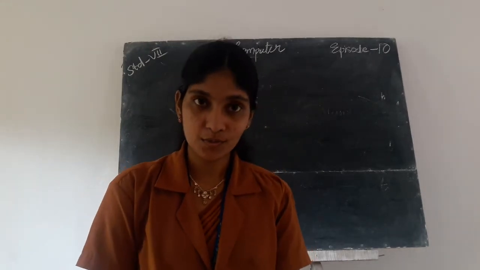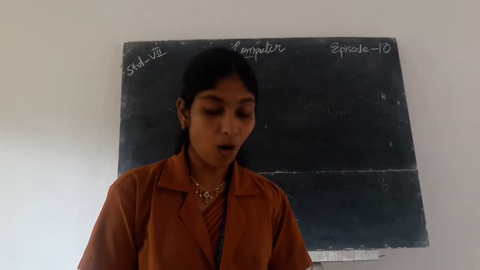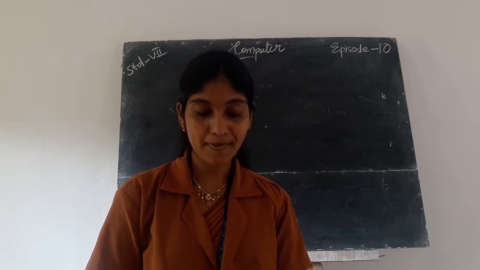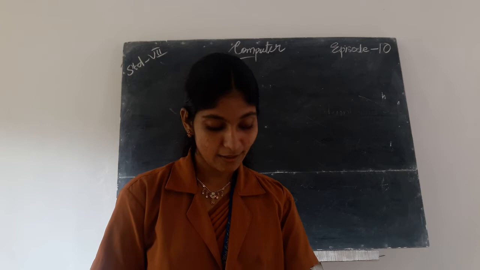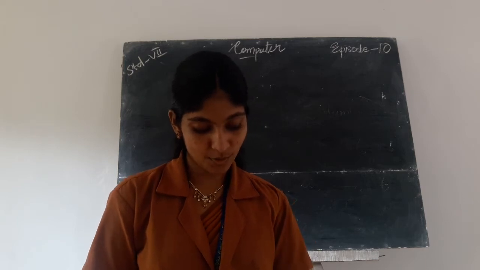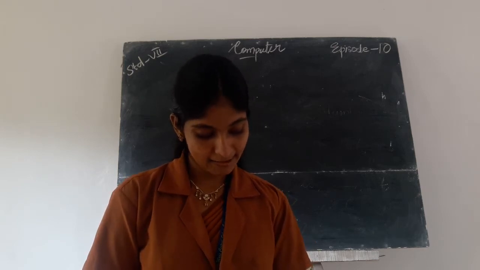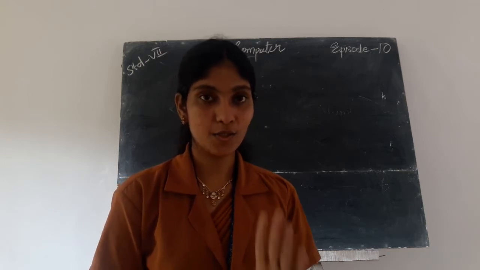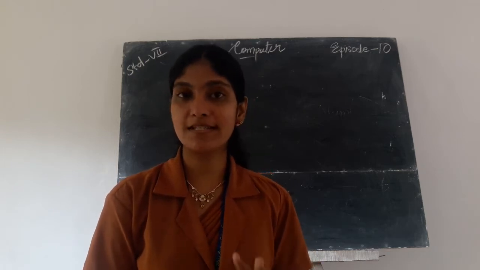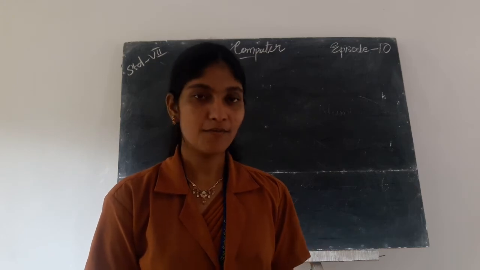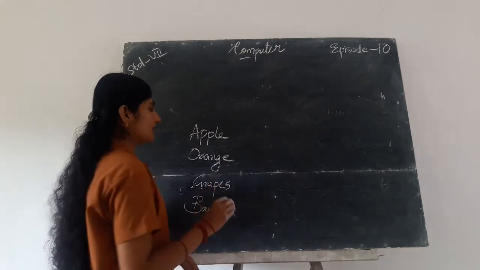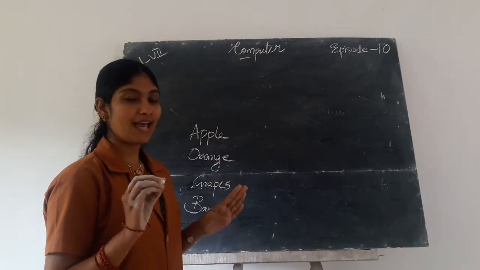So if you want to apply an ordered list, how to create a numbered list? First you select which type of list you want to apply. If you want to apply an ordered list, ordered list means it has an order.